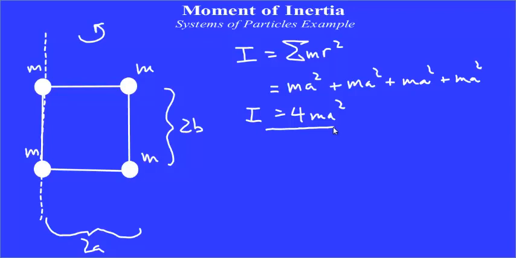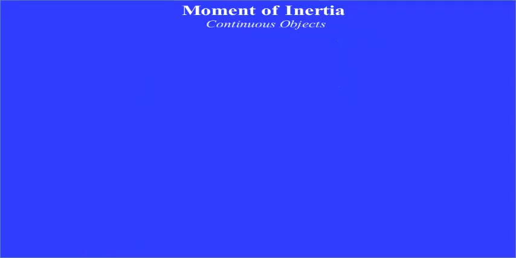But we also sometimes are presented not with a system of particles, but with continuous objects. So on the next screen, let's consider some specific types of continuous objects. For example, a sphere, some of these common shapes that we come across. Or another common one is that of a cylinder.